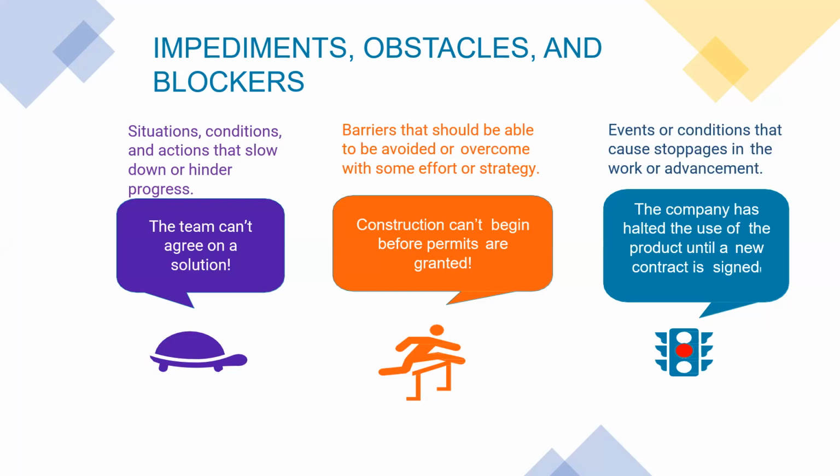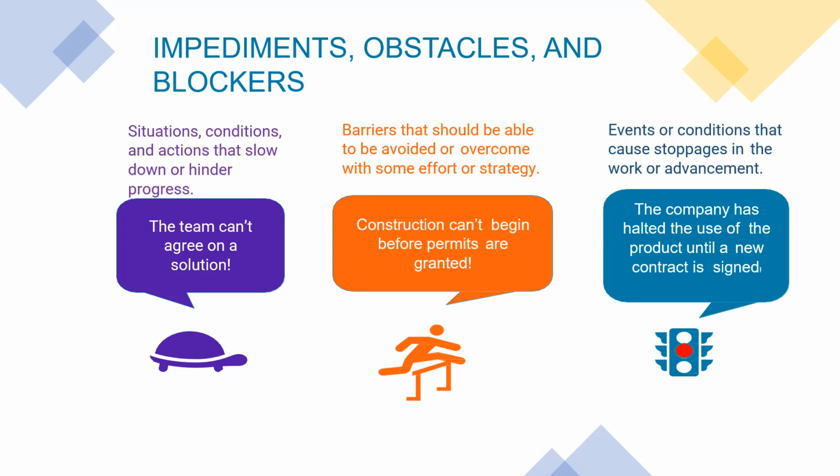Now, the last one, blockers, are actually things that are completely out of your control. These are events or conditions that cause stoppages in the work or advancement. It completely brings a halt to the work. A good example of blockers for me would be COVID-19.